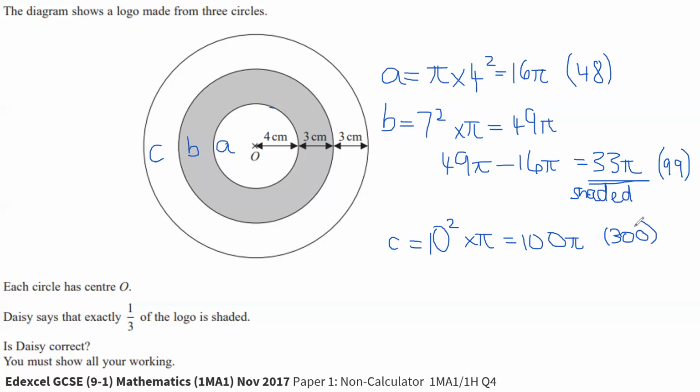Okay, so for the next part, Daisy said that exactly 1/3 of the logo is shaded. So we need to work out whether or not there is a third. So we've got the shaded area as being 33 pi, and the total area as 100 pi.